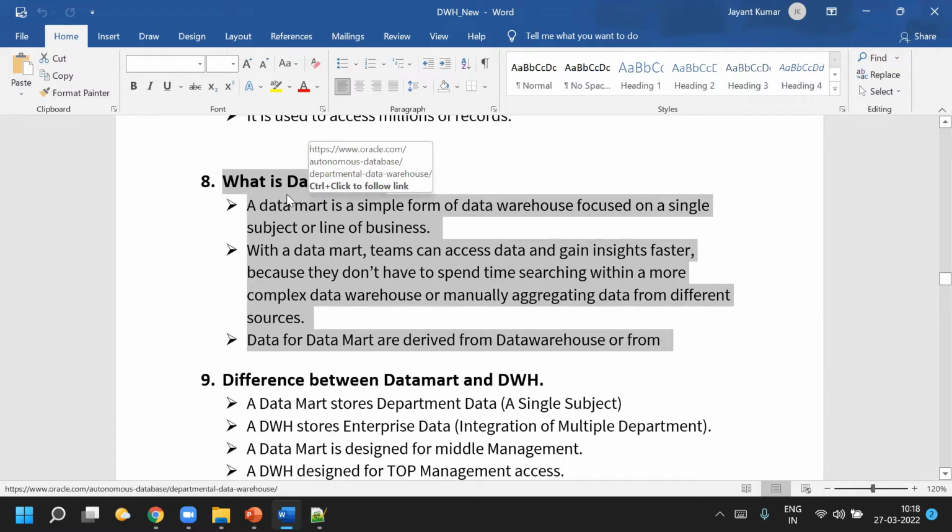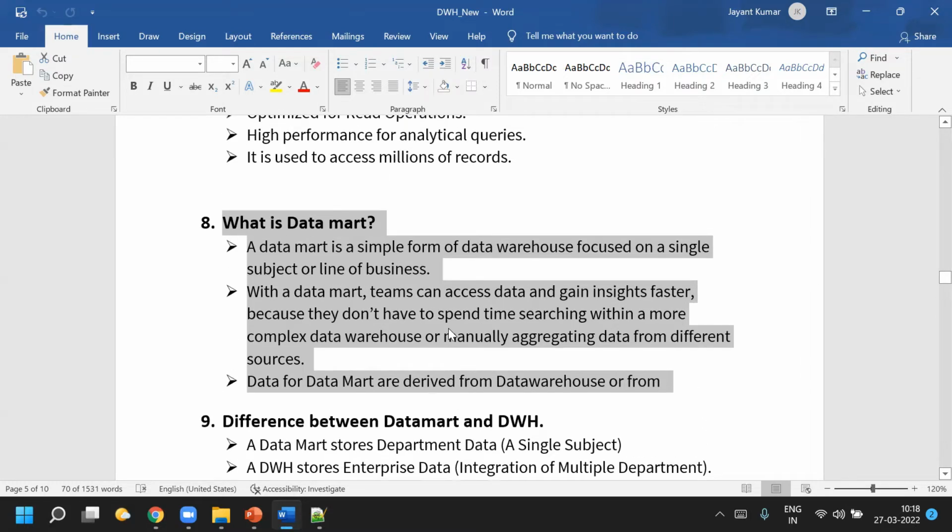We'll discuss this. What is a data mart? A data mart is a simple form of data warehouse focused on a single subject or line of business. As we know, any company is made of different departments, like HR, finance, sales, marketing, IT, procurement, and many others.